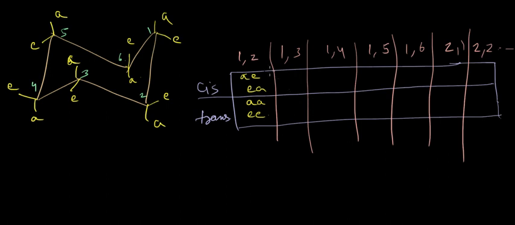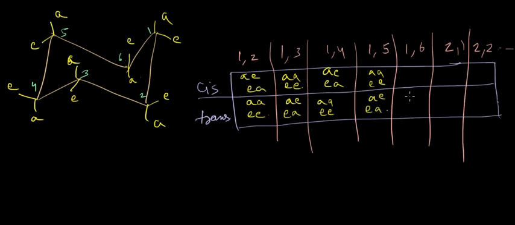Similarly for 1 and 3 the cis would be AA and EE, and trans would obviously be AE and EA. Similarly I can fill it for 1 comma 4, which is EA. For 1 comma 5 again the same.